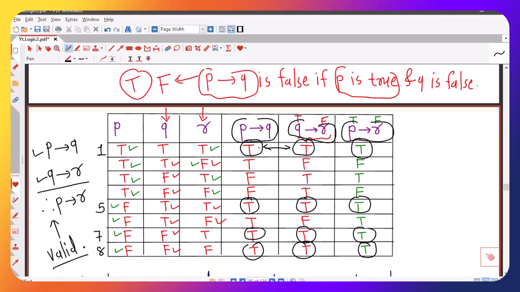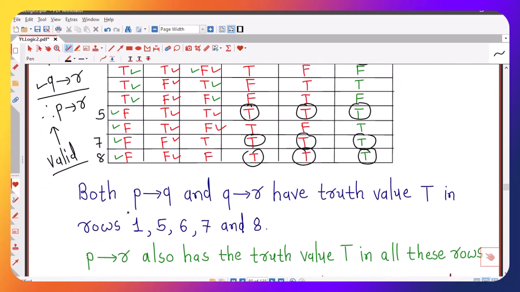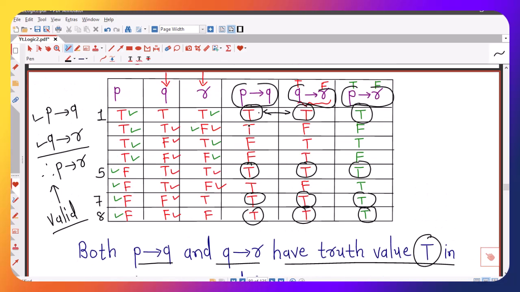So using truth table we can easily check the validity of given argument or argument form. So here I have written that both P implies Q and Q implies R have the truth value T in row number 1, 5, not 6. Here they are not having truth value true.